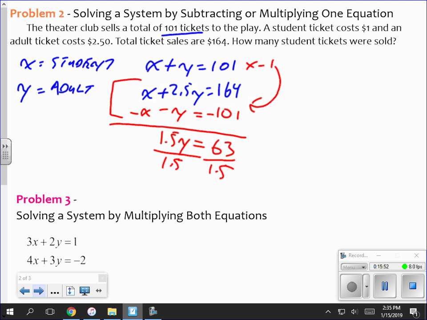Right? 63 divided by 1.5. 42, I was right. Then in my head, I was right. Woo! y equals 42. I sold 42 adult tickets.